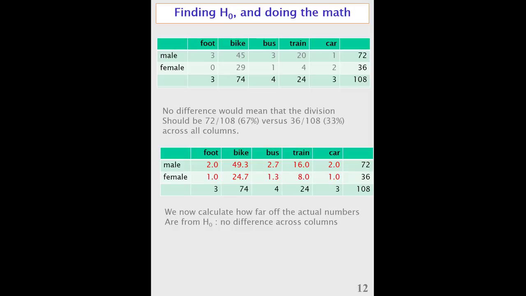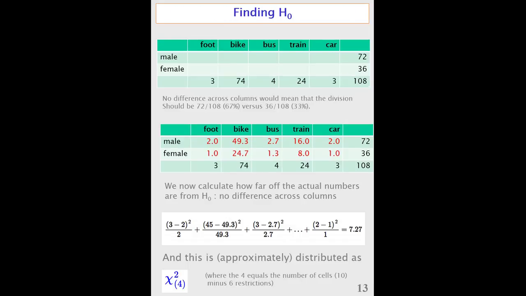Well, there are many ways in which to do it, but the smart way to do it, and in the end we'll find out why it's so smart, is doing something like this. We compare the cell counts one by one in the following way. In the two top tables, you see 3 minus 2 squared over 2.